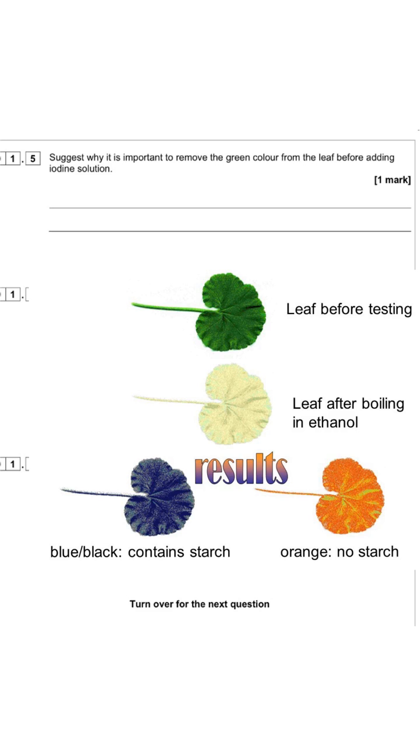And so in the picture below, you can see that the second leaf down is actually now completely white. And that's just because we've removed the chlorophyll from it, giving us a blank canvas to then add the iodine. Our answer can be as simple as, so the colour of the iodine can be seen.